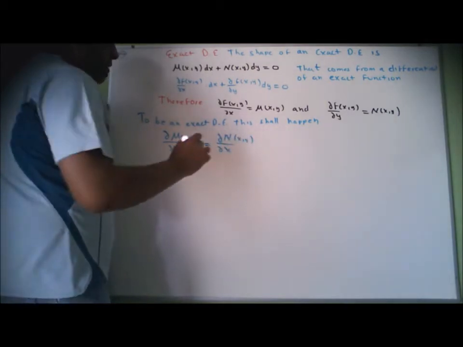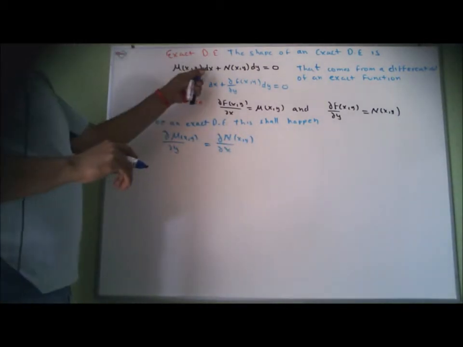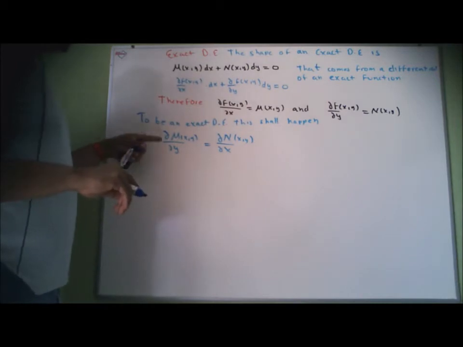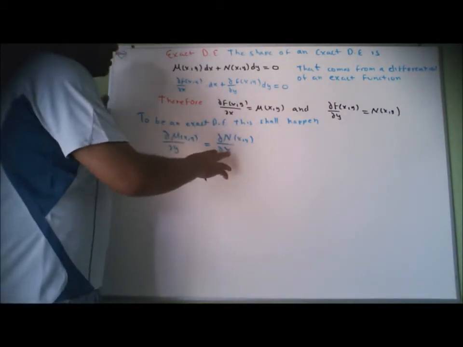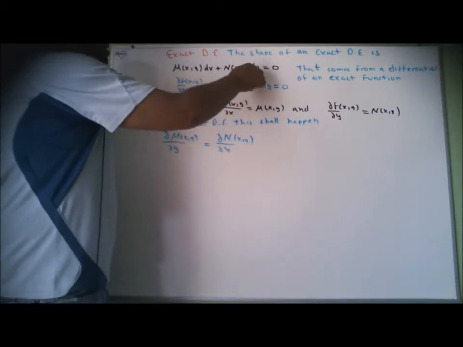Now be careful here. The M goes with the differential of x, but here you are taking the partial with respect to y. And here the partial of N is with respect to x, even though here you have the differential of y.